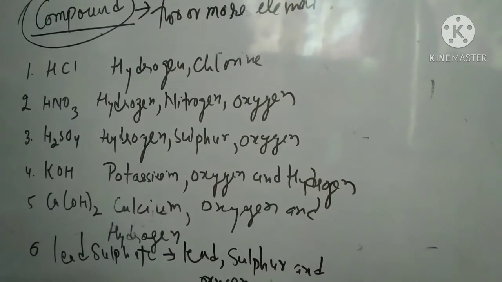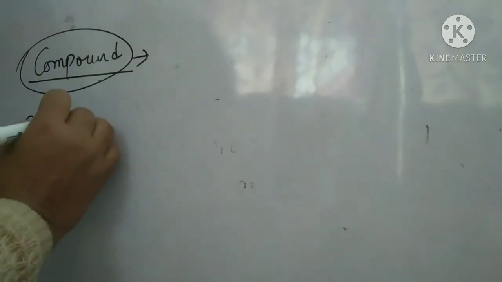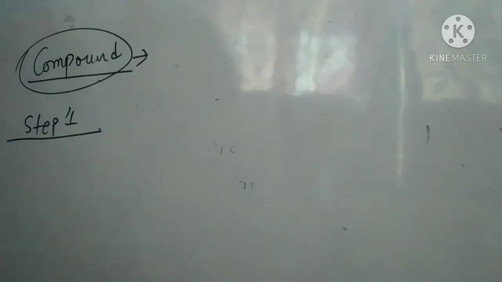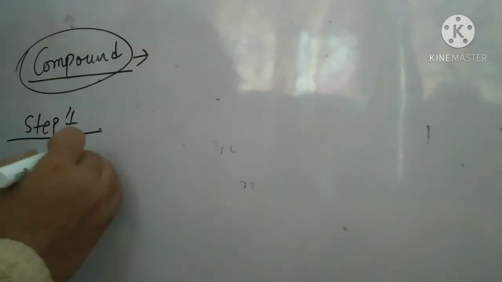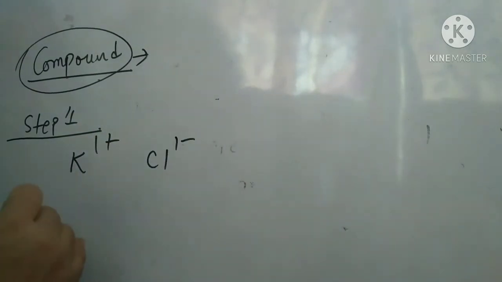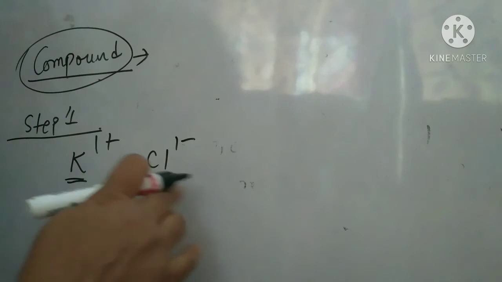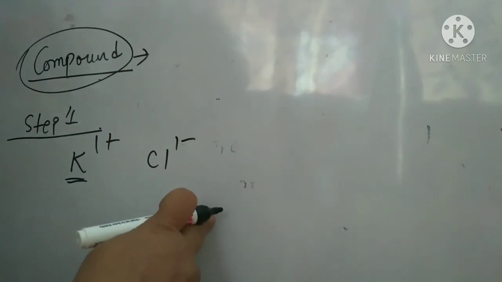Now how to write the formula of chemical? Write the symbols of the positive atom or radical on the left side and the symbol of the negative atom or radical on right side. Now if it is potassium chloride, so now this is the positive atom and this is the negative atom.